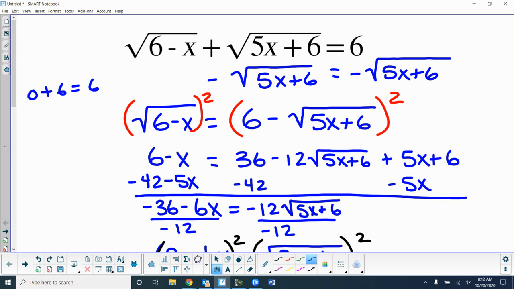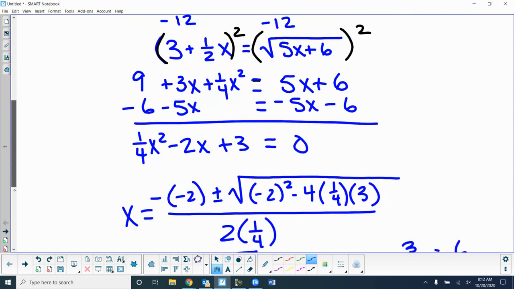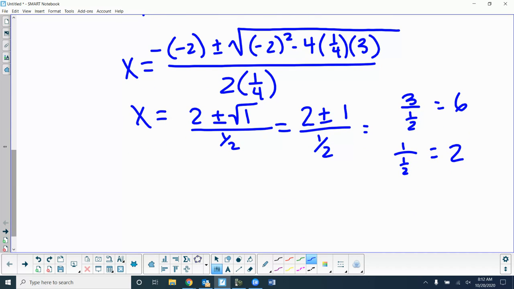What was the other one we got? 2? 6 minus 2 is 4. The square root of 4 is 2. 5 times 2 is 10, plus 6 is 16. The square root of 16 is 4. Oh, they both work, huh? So this time they both work.